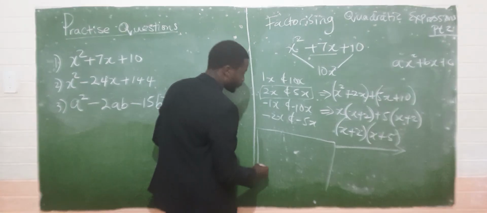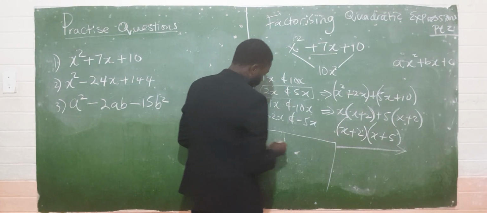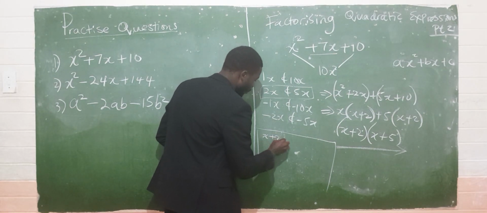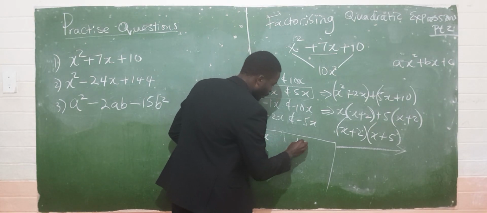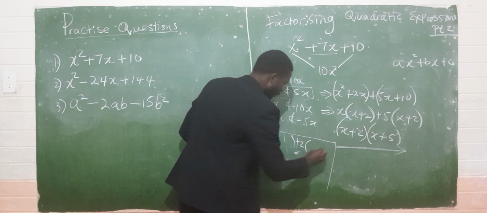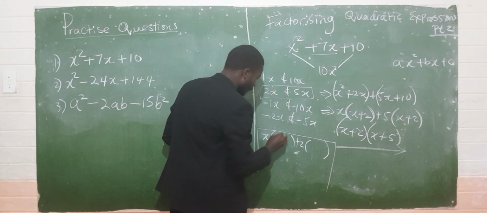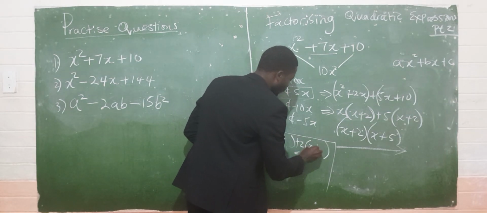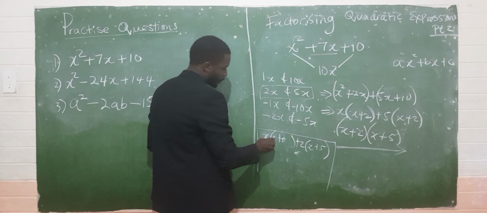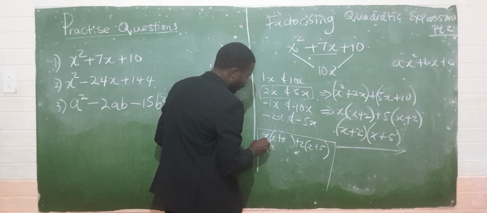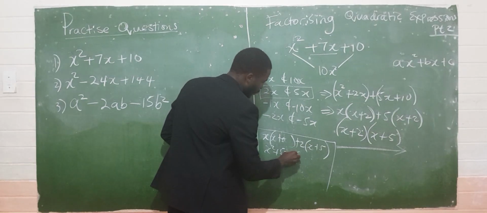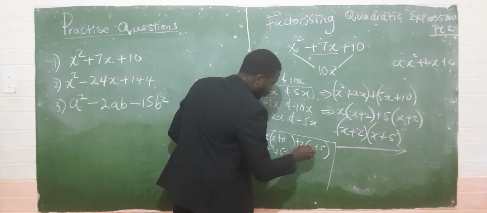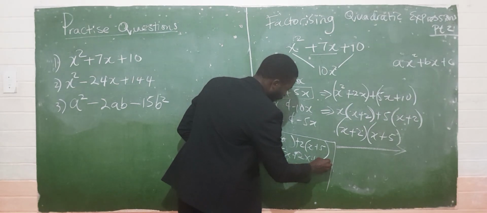Let's do it together. So I'm going to break this, and then x plus 2. Let me just break it on the go. X plus 2, and rewrite that. That will be x plus 5, and x plus 5. X times x, that's x squared, and x times 5, that's 5x. 2 times x, that's 2x, and 2 times 5, that's a 10.